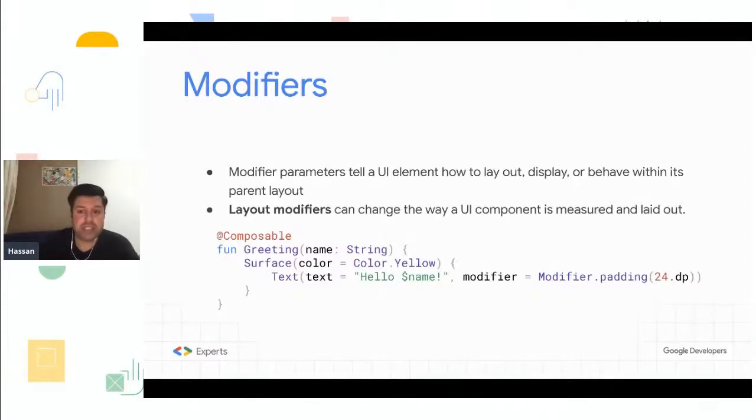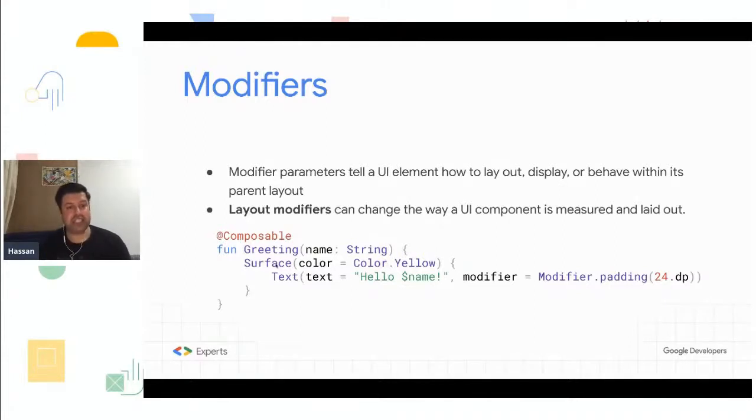It's the same case for most of the basic compose functions like text, button, floating button, switch, you can have a modifier. So the API changed totally. Before it was called layout padding or layout margin or something, but now they changed to modifier dot something. So this is a big change.